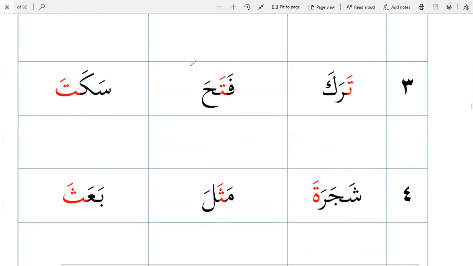So what I'll do is, since this row is actually for tha, I'm going to write just here for you a word that can show tha in the beginning of the word.